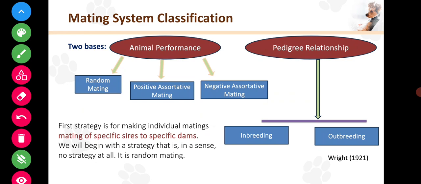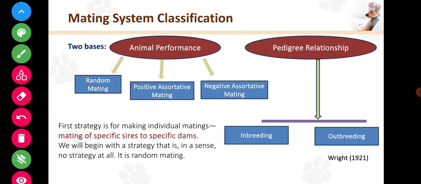The first strategy for making individual matings is the mating of a specific sire to a specific dam. That means when we have to take a decision regarding mating, we have to choose which male will be mated to which female. We will begin with the strategy that is in a sense no strategy at all, and that is random mating.